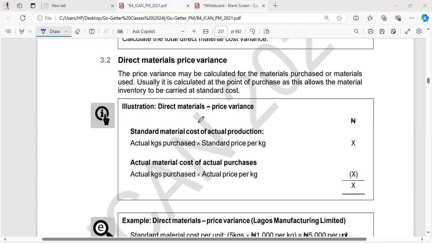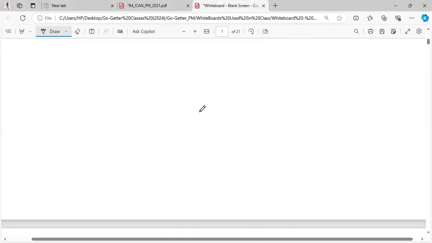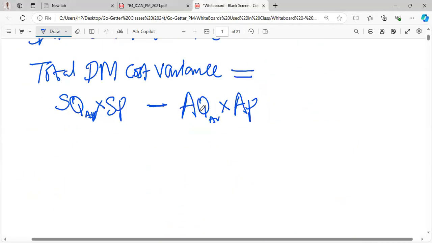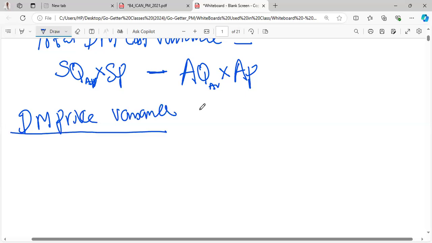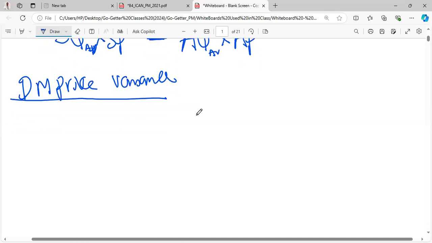So what are we saying here? If we were to break this down into direct material price variance, when we say price variance, it means it is the price that is the difference. The quantity is not in doubt.